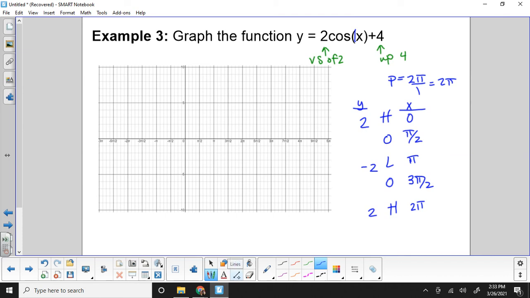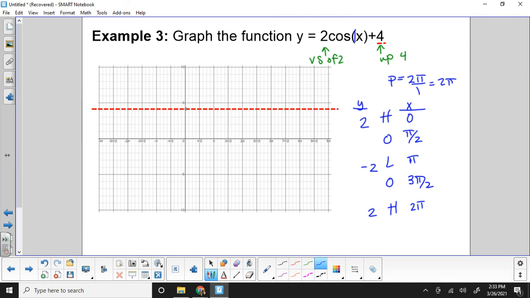Now, there's a couple ways to address this idea of up 4. One of the most popular is I see students draw in what they call a translated axis. So they draw in a dotted line that represents this up 4. Then when they go to graph their highs and lows, they base it off of this translated up 4 value.